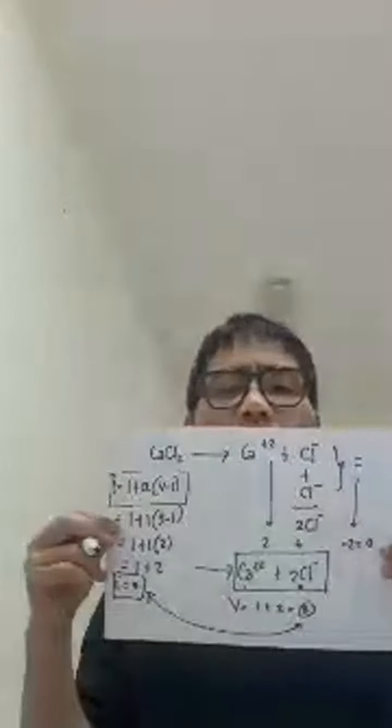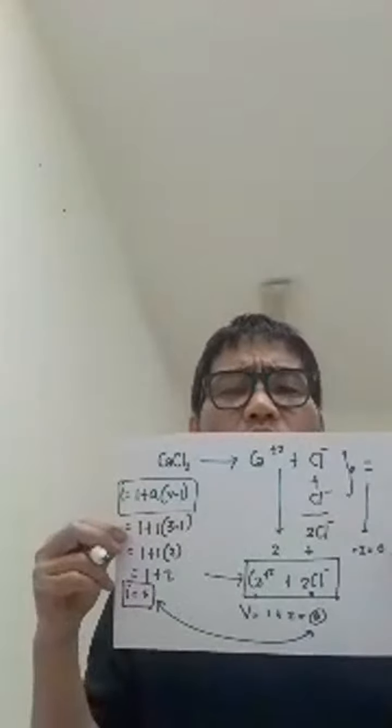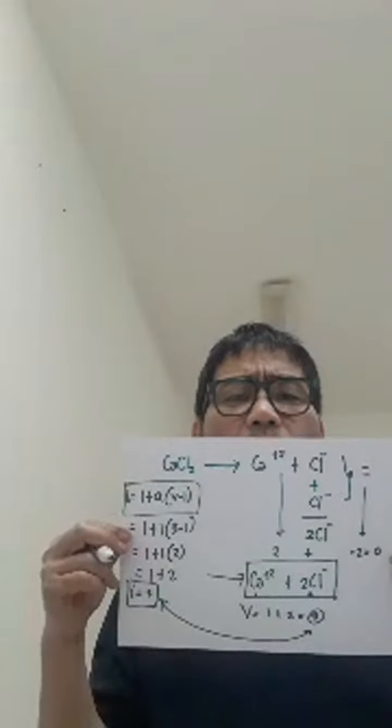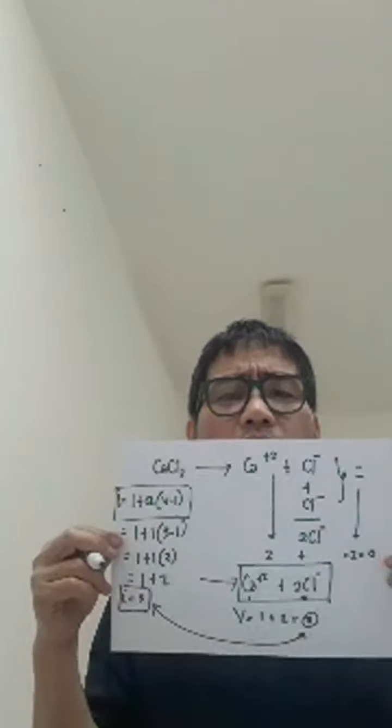So 1 plus 1 times (3 minus 1), which is 1 plus 2, so i is equal to 3. Our dissociation factor, or Van't Hoff factor, is equal to 3, the same as our total number of ions v.